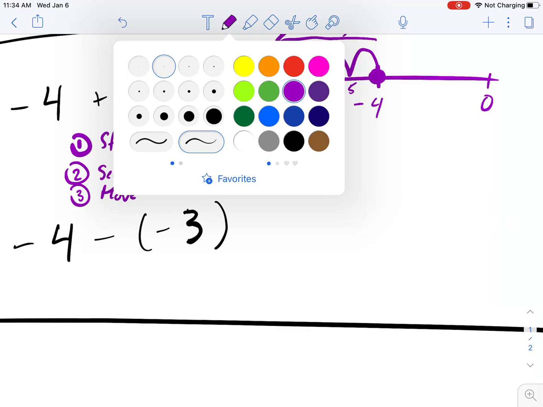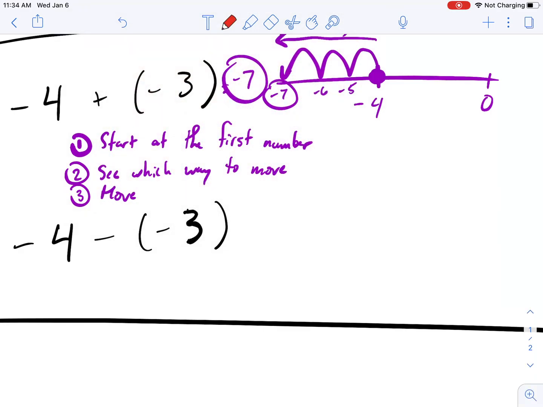Okay? And then let's try just one more, kind of the opposite. -4 minus -3. So we'll start again at the first number, -4. And when we subtract a negative, you're doing the opposite of subtraction. You're moving the opposite direction of normal subtraction. Normal subtraction, you move left, so we're going to go to the right. If you want to think about this like with our stick figure, right?